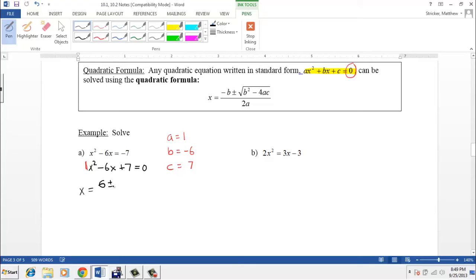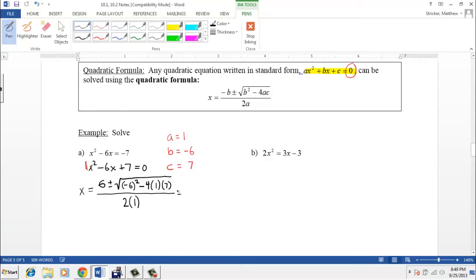Plus or minus the square root of b, which is negative 6 squared, minus 4 times a. A is 1 times c. C is 7. And this whole thing is divided by 2 times a, and a is 1.